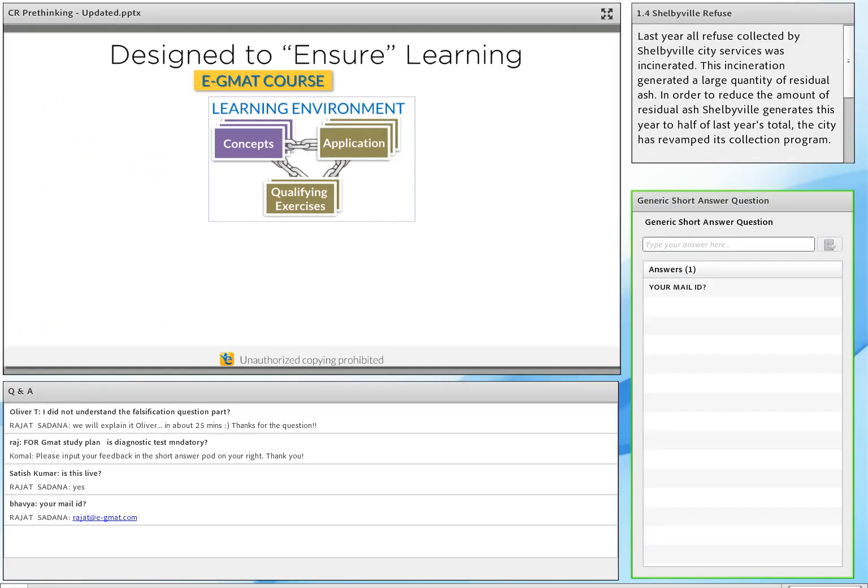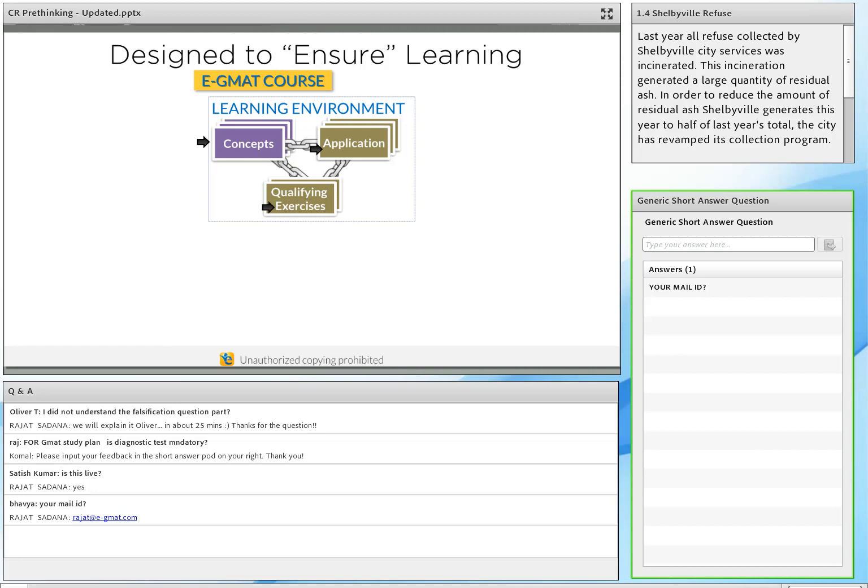And one thing you've got to understand is that this is an environment which is very different from a typical book or a typical course. In a typical book or course, you learn all the concepts, then you practice questions. We don't do that. We teach you the concepts, we evaluate you on the concepts, then we teach you the application and evaluate you on the application, then we do qualifying exercises.